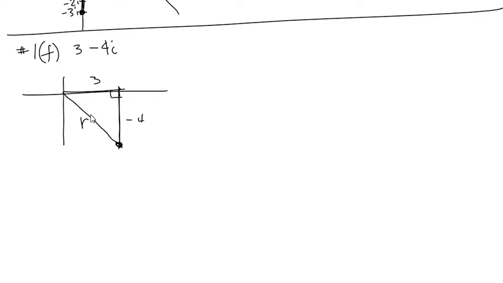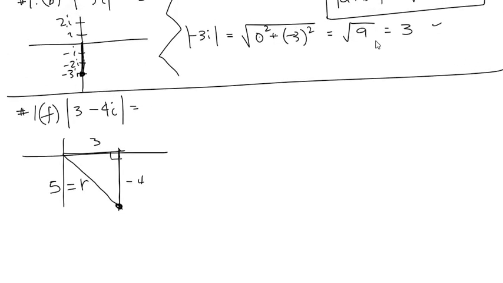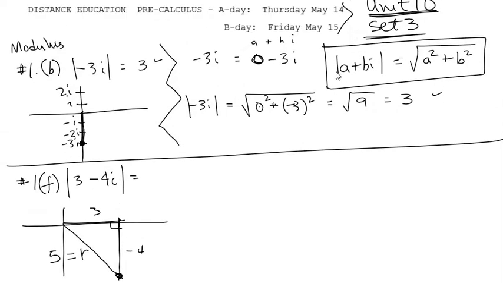Now, you might recognize this as our old friend, the 3, 4, 5 right triangle. And if you do, then right away you know that the answer is 5. Or you might appeal to that formula again. If you like formulas, you want to always do things the same way and use the formula, then that's fine. So the modulus of this will be the square root of 3 squared, since 3 is the value of a, plus negative 4 squared, because negative 4 is the value of b.